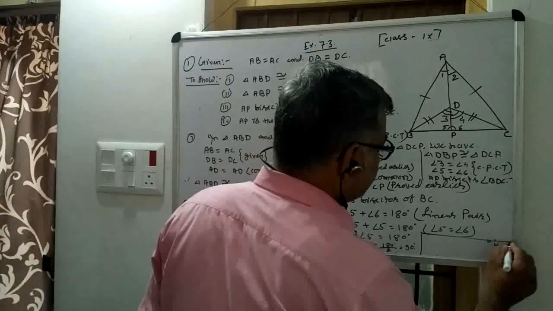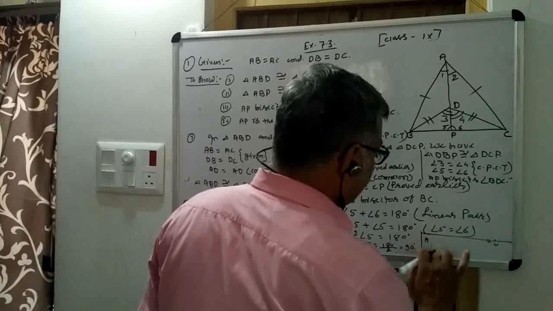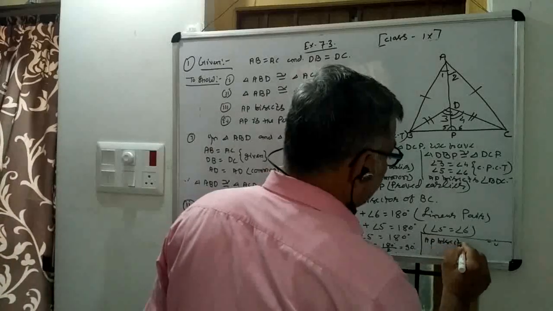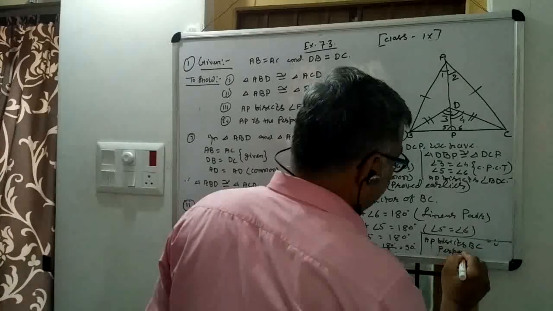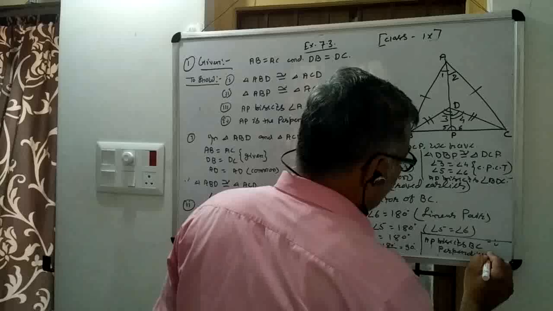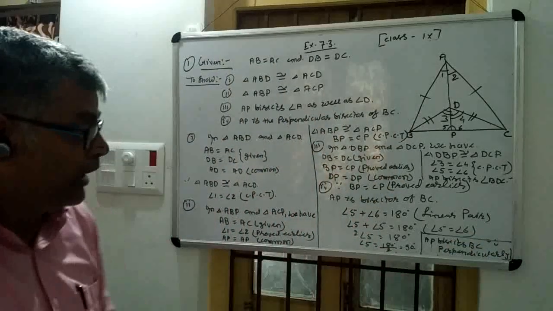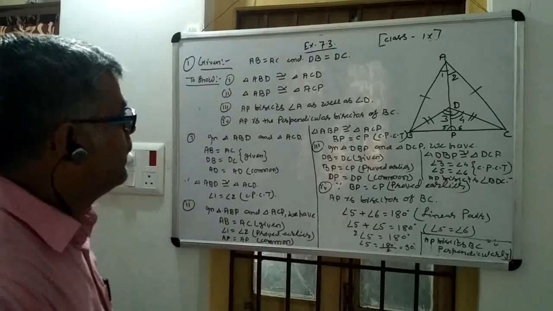Hence we have proved that AP bisects BC perpendicularly, and in this way the solution of the question has been completed.